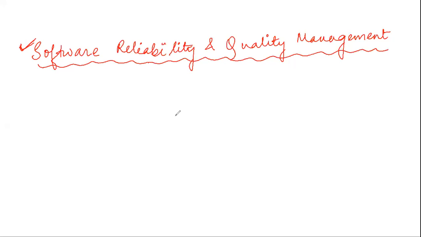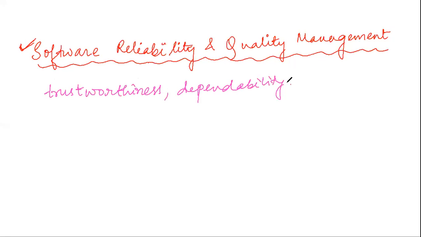Okay. So we were talking about this software reliability, right? So the reliability of a software product, what will it denote? It will denote the trustworthiness, right? Or the dependability, whether that software can be depended upon or not, whether that software can be trusted or not.